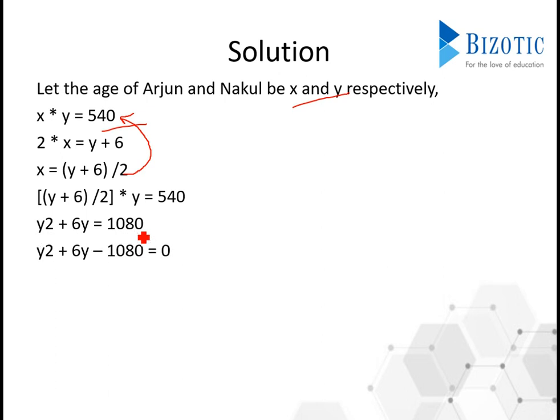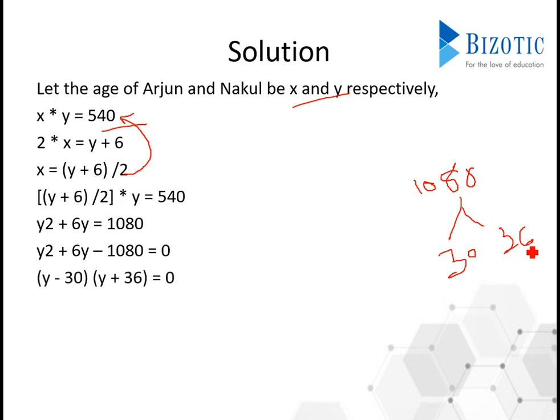Now y square plus 6y minus 1080 is equal to 0, and the equation is obtained in the form of ax square plus bx plus c is equal to 0, which you have solved right from school time. So you have to find two factors whose product is 1080 and whose difference is 6, which are 30 and 36.